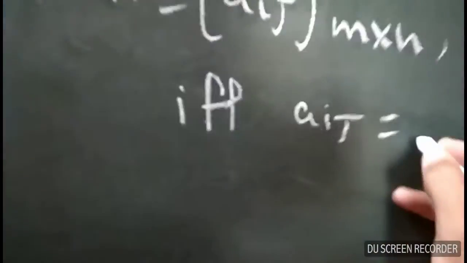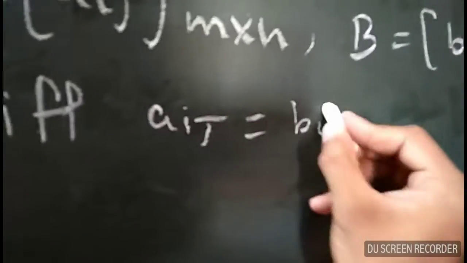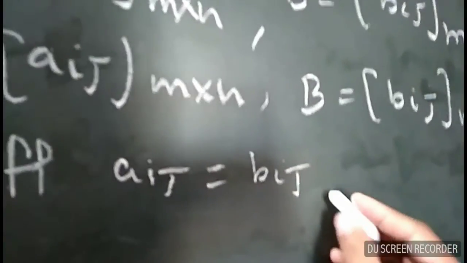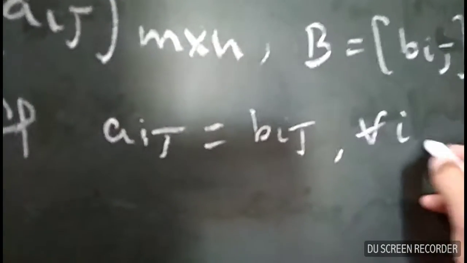That is, Aij equal to B of ij for every ij.